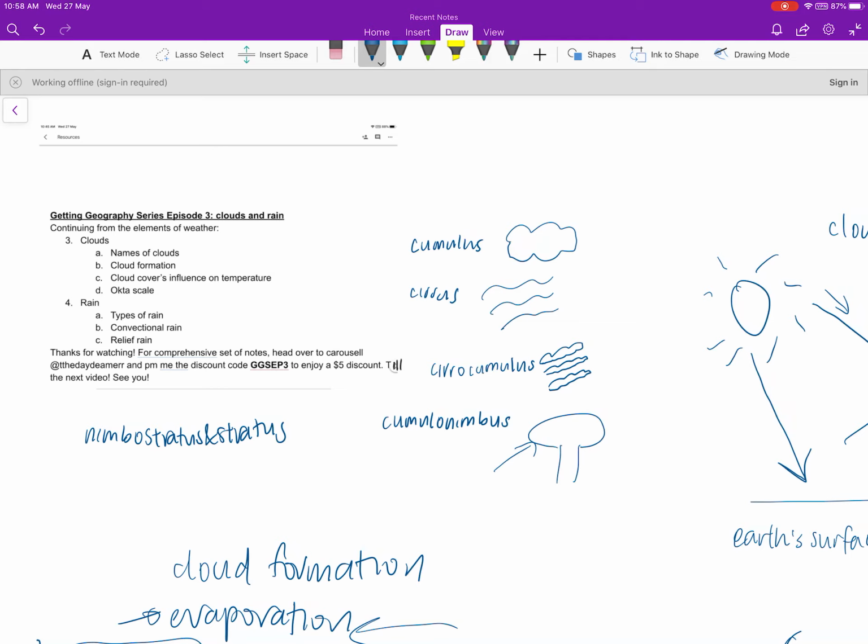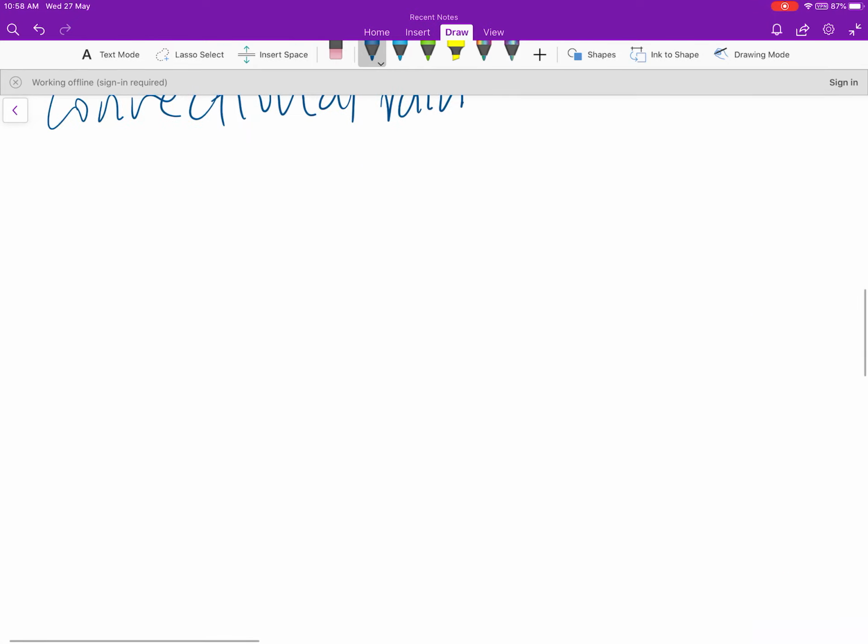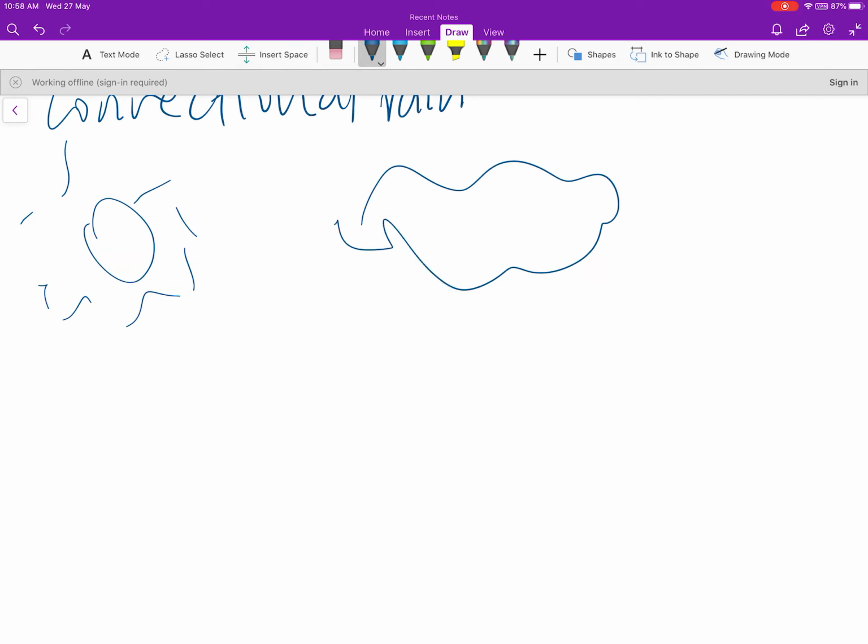For convectional rain, here I'm going to draw a diagram again. Convectional rain. You see that there's a sun here, there are clouds here, and this is the Earth's surface. So solar energy comes down and the sun heats the ground up, and the ground heats up the air near the ground too.